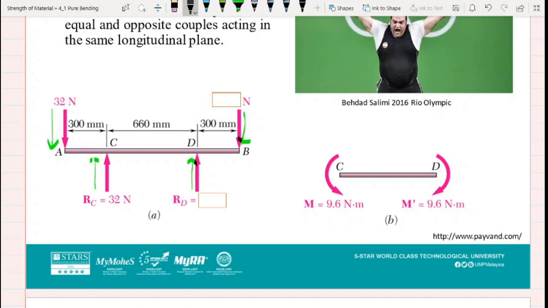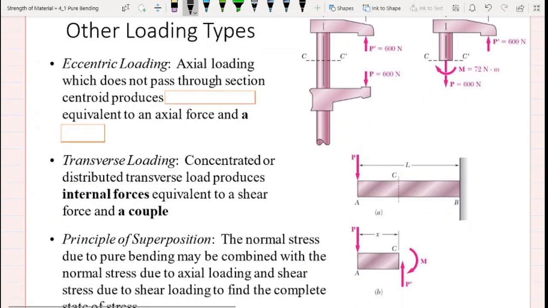So we should have an equal weight force at both ends, and it must be equal to the 9.6 Newton meter couples, showing that the middle portion of the bar is actually in pure bending. The result obtained from the direct application of pure bending will be used in the analysis of other types of loadings, such as eccentric axial loadings and transverse loading.